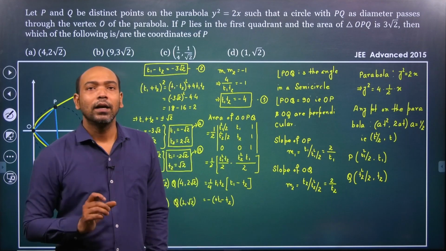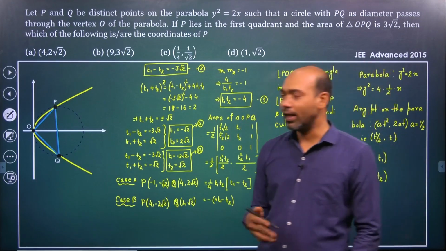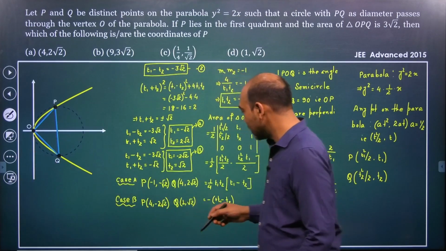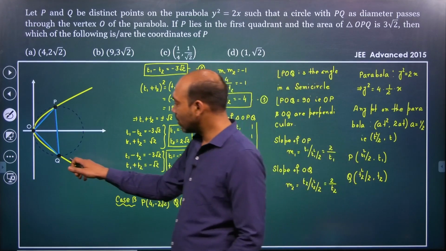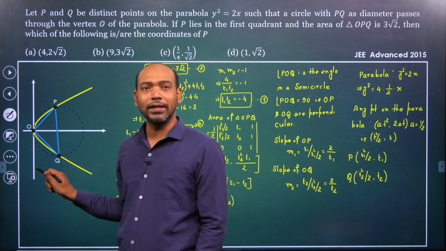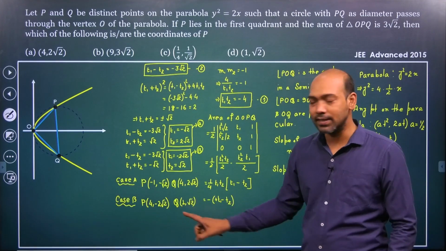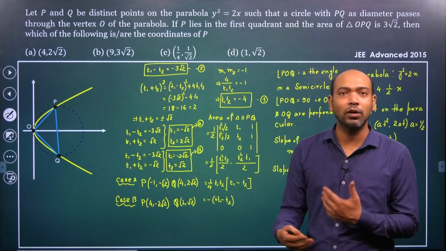See that it says that P lies on the first quadrant, okay? And this naming, right, will interchange, right? Based on that, see that 1 root 2, this is the point Q, right? But Q is obviously in the second quadrant as per the picture. So therefore we can say that this point will be P in this case and this is the point Q in the other case, right? Because it will change based on the coordinate.